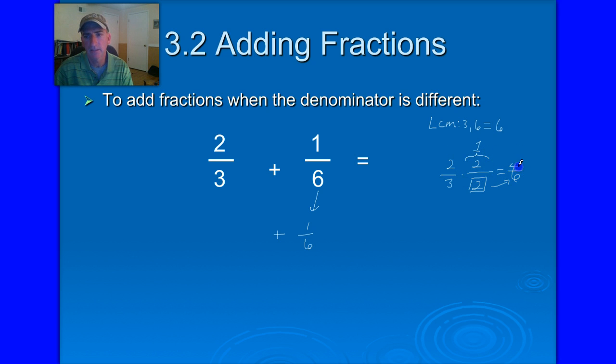So you have 4 over 6. So this 2/3 became 4/6. And then you add the top, it's 5, keep the bottom, it's 6. All right. Maybe you're able to pause the video and do that one on your own.